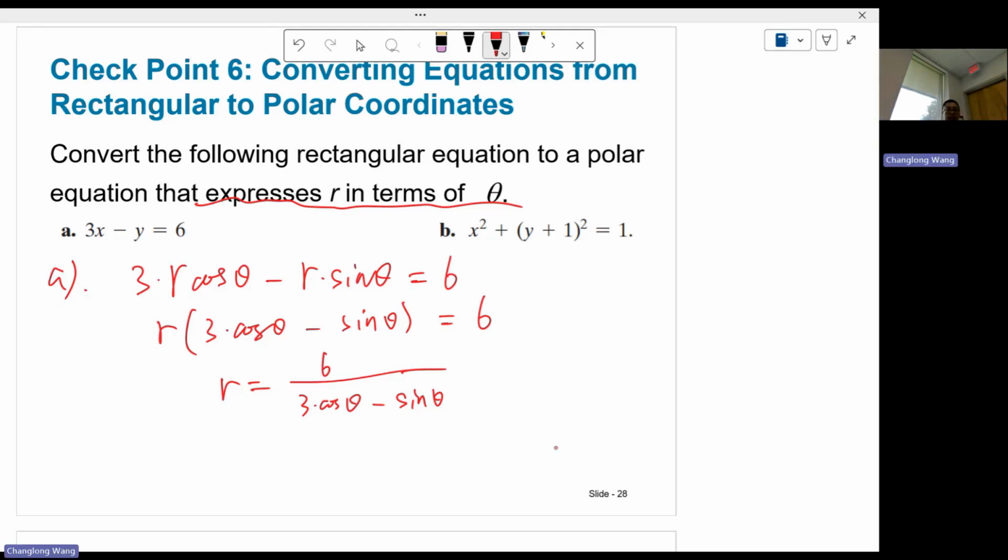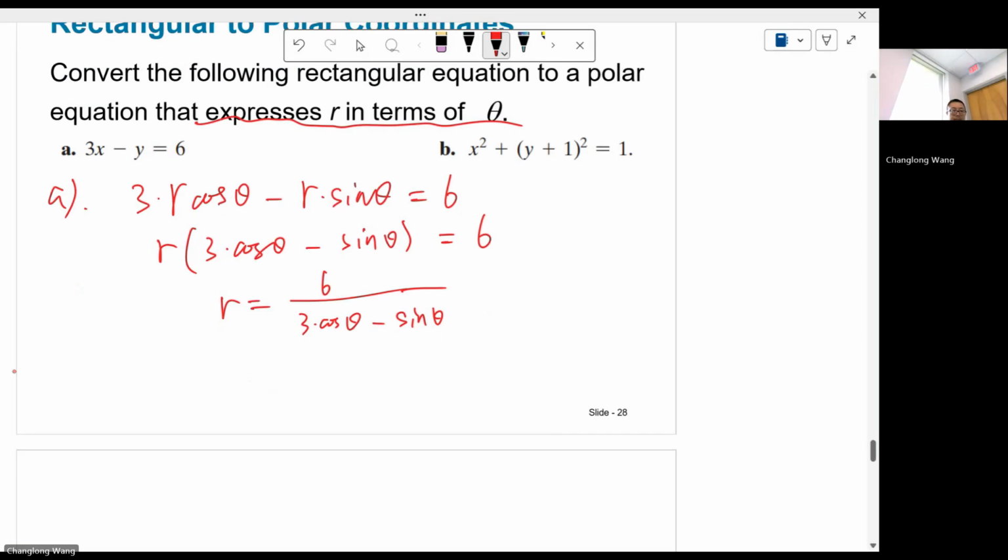Now let's try letter B. It's the same thing, but you might hesitate since it might be slightly heavier in algebra, but you'll see that after a few lines it's not as bad as you thought.